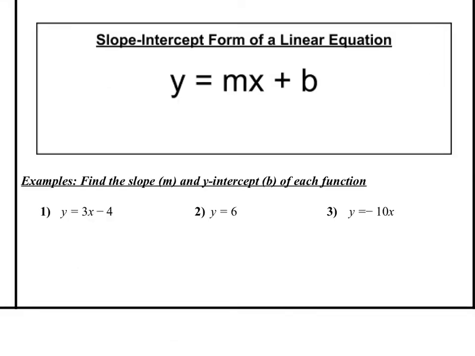What does the m stand for in y equals mx plus b? Slope. Yes. M stands for slope. Another way to say this is the constant rate of change.